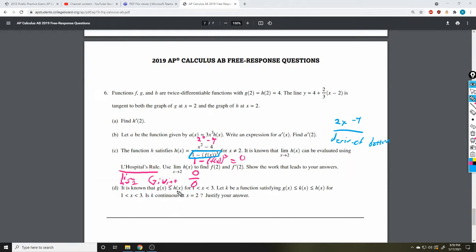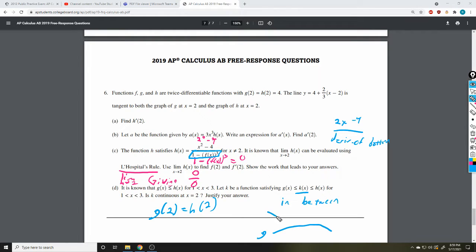It is known that g is less than or equal to h, and k is in between g and h. Is k continuous at x equals 2? So the idea here is that since g of 2 equals h of 2, and we're continuous, that means that, let's see, g is the lowest, so this might be g.